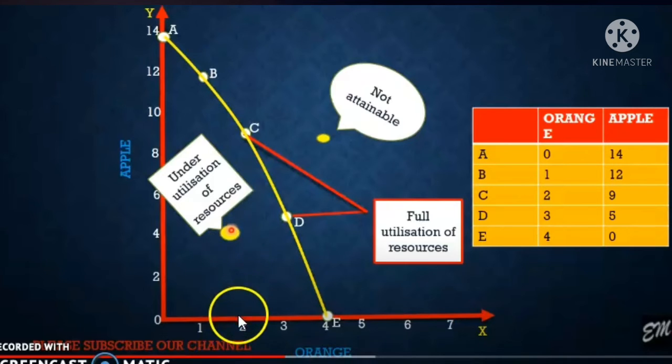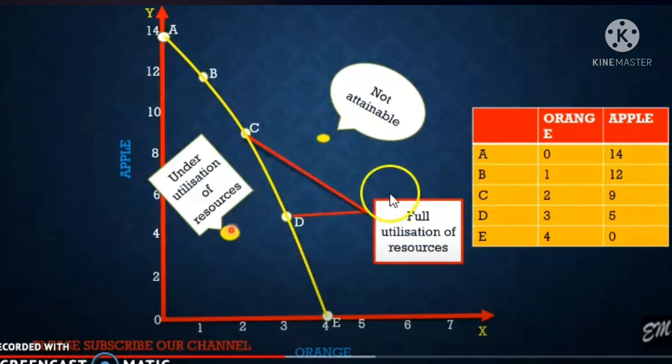You can see that when we are producing 2 units of oranges in the table, we can produce 9 units of apples. So 9 units of apples is the maximum we can produce from combination C. When we are producing 2 oranges, we can produce 9 apples with all the resources we have.